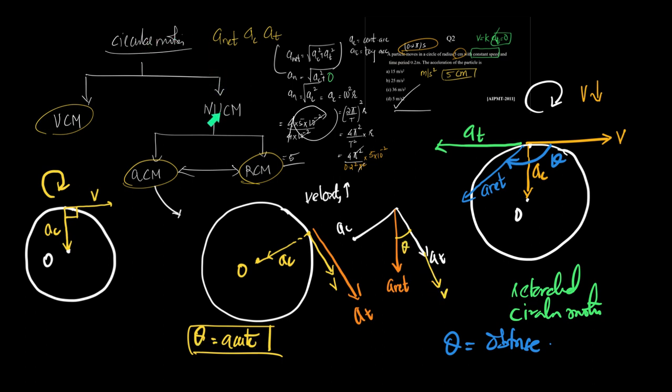Non-uniform circular motion, retarded in nature: tangential acceleration is opposite to the velocity vector. The resultant of tangential and centripetal acceleration is a net, which makes an angle theta with the velocity vector v, which is obtuse in nature. So that's the concept we need to study with respect to this problem. Having said so, let's move on to the next question.